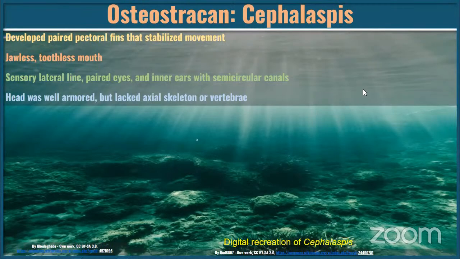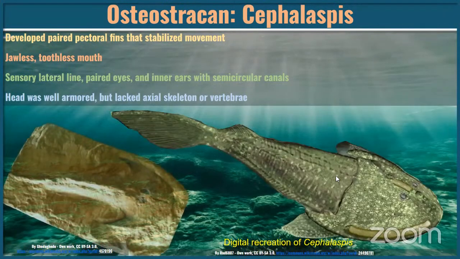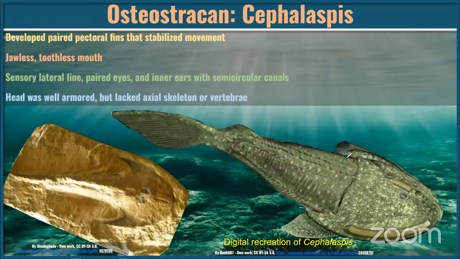Okay, so here we have an example called Cephalaspis. Some innovations in this ostracoderm are that it's developing a paired group of pectoral fins. We can start to see paired fins at the edges, stabilizing its movement.